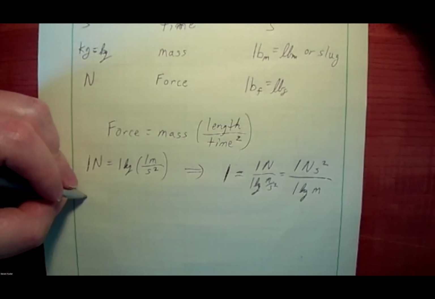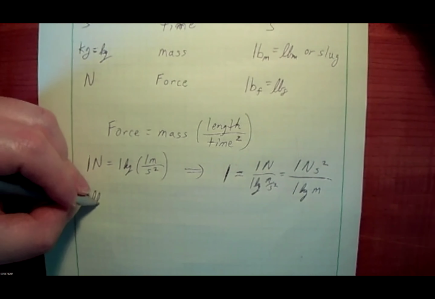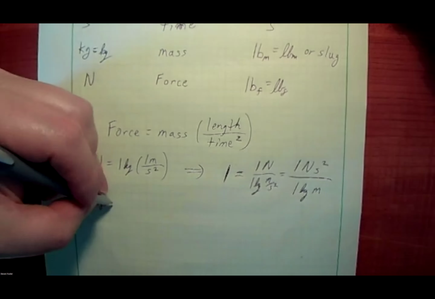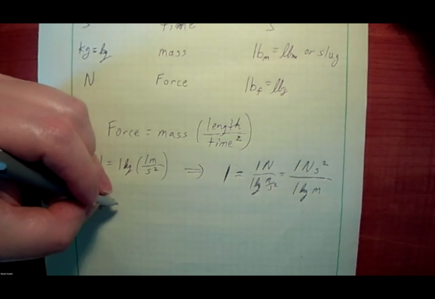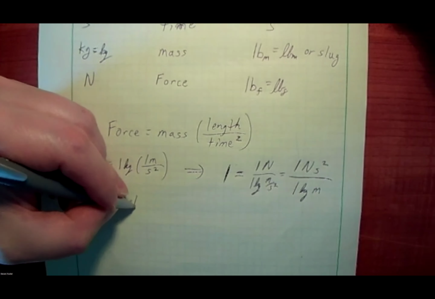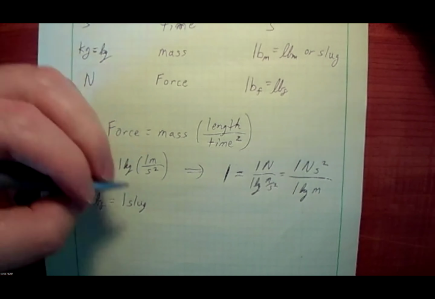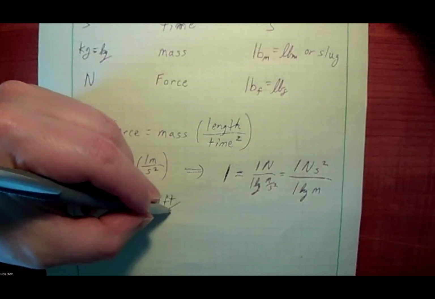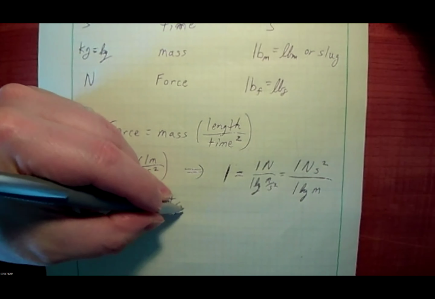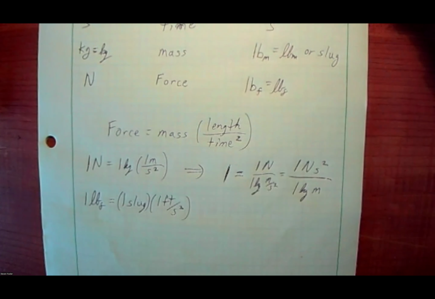Now, in the English system, 1 pound force is the amount of force required to accelerate one slug at a rate of 1 foot per second, or 1 foot per second squared.